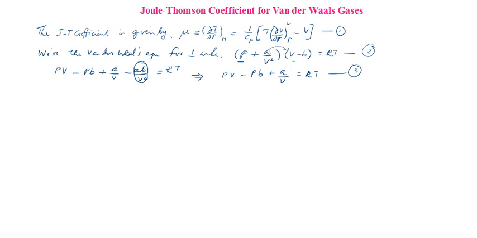So PV equal to RT plus PB minus A by V. So PB is a constant term, so when I do the derivative, that will reduce to 0. That is my advantage, so I'm not going to change it.